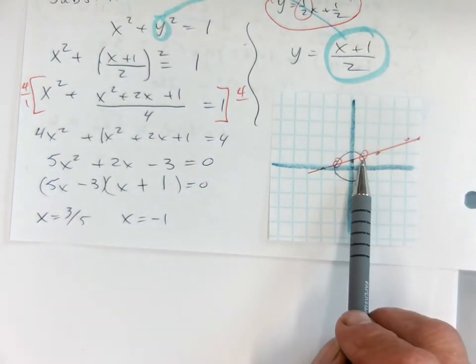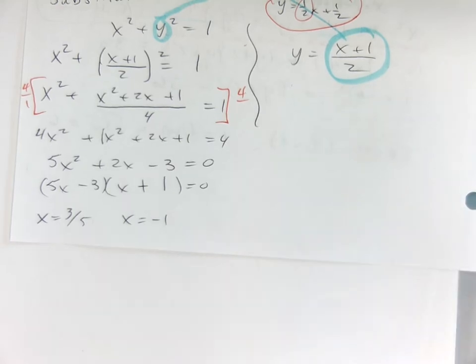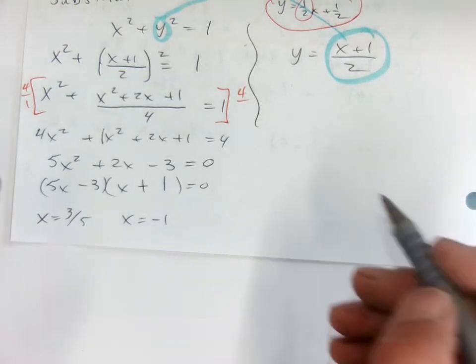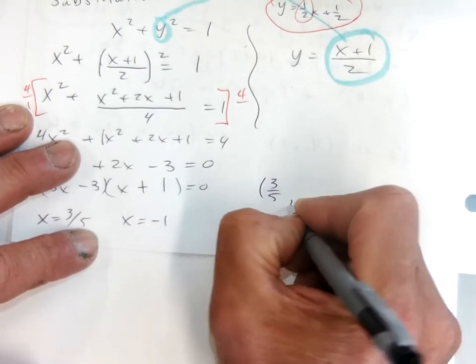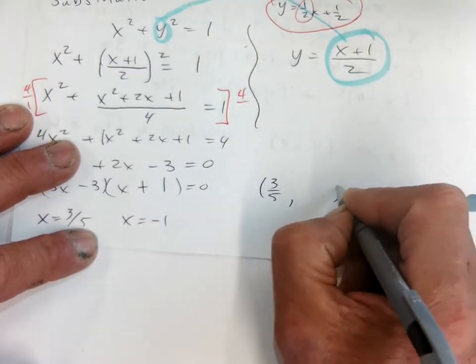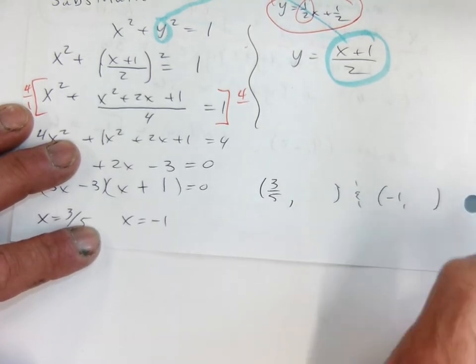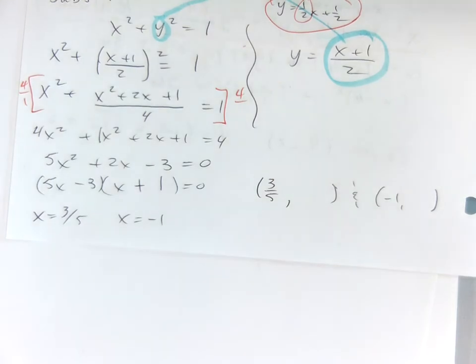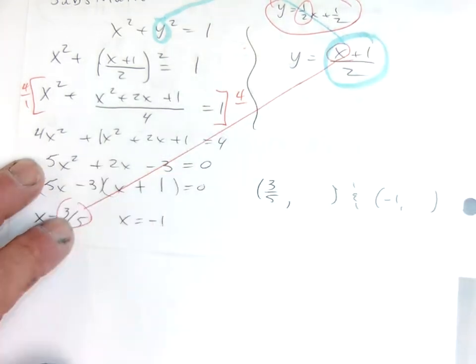The x value of 3/5 is right here. Okay? The x value of negative 1 is right here. So what are their corresponding y values? Well, because these are points, this is 3/5 something and negative 1 something. So we substitute again. I'm going to take my 3/5 and put it right there.